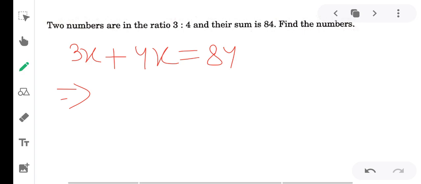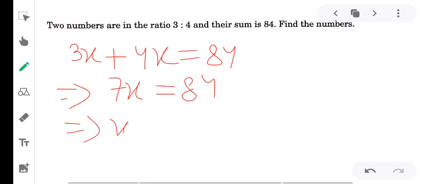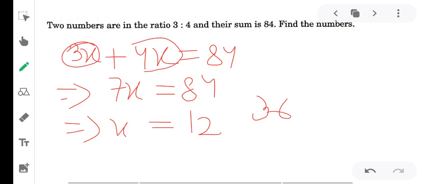So 3x plus 4x, 7x equal to 84. Then x will be 84 by 7, that is 12. So one number is 3x, so 3 into 12, that will be 36, and the other number is 4x, that means 4 into 12 is 48. These are the two required numbers.